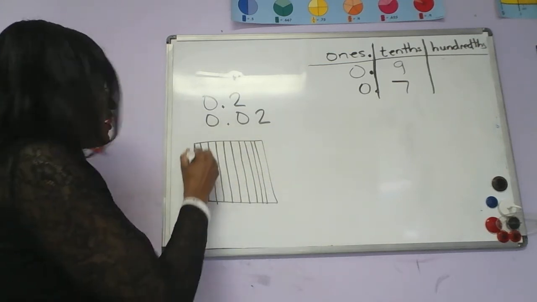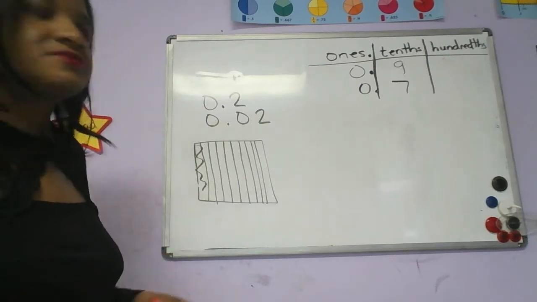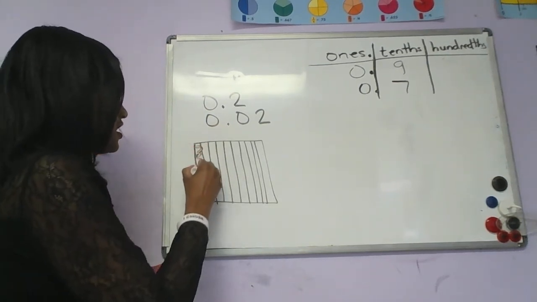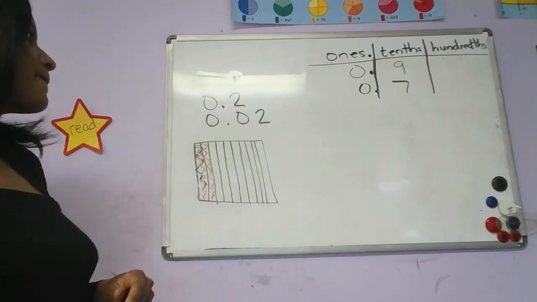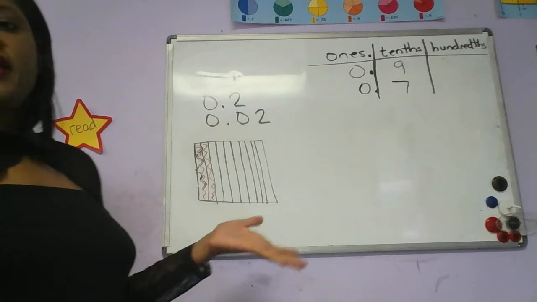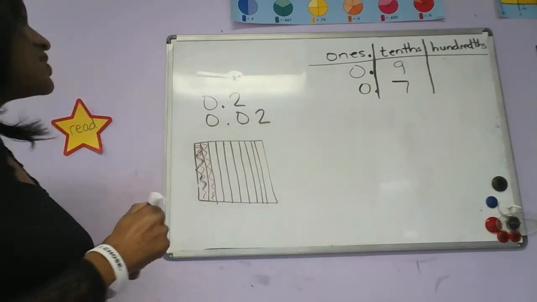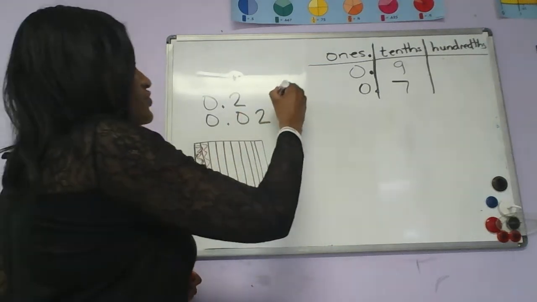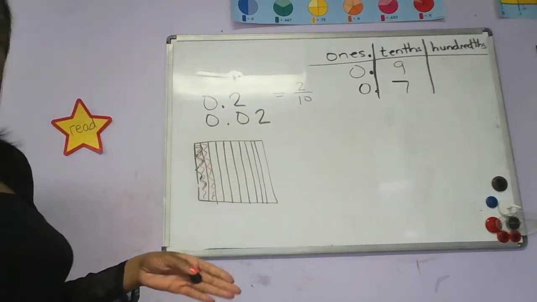Yep, that's 10. So 2/10. Let me use my red so you can see the contrast. This is 2/10. I only need 10 rectangles. If you remember from other videos, 0.2 as a decimal is the same thing as the fraction 2/10. So I have 2 shaded out of 10.